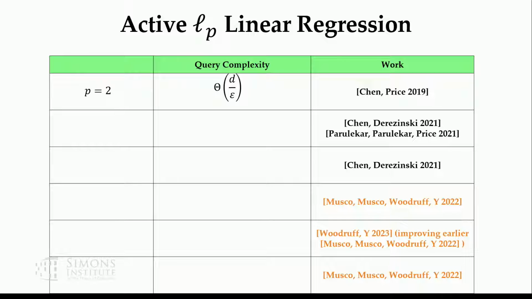The leverage scores of the A matrix don't involve b at all. So that's what you can get with standard techniques. A result of Chen and Price was able to get rid of this log d factor, so they get a tight query complexity bound of d over epsilon. Their proof uses BSS-like techniques. It's a randomized algorithm, of course, as all algorithms need to be in the active setting.